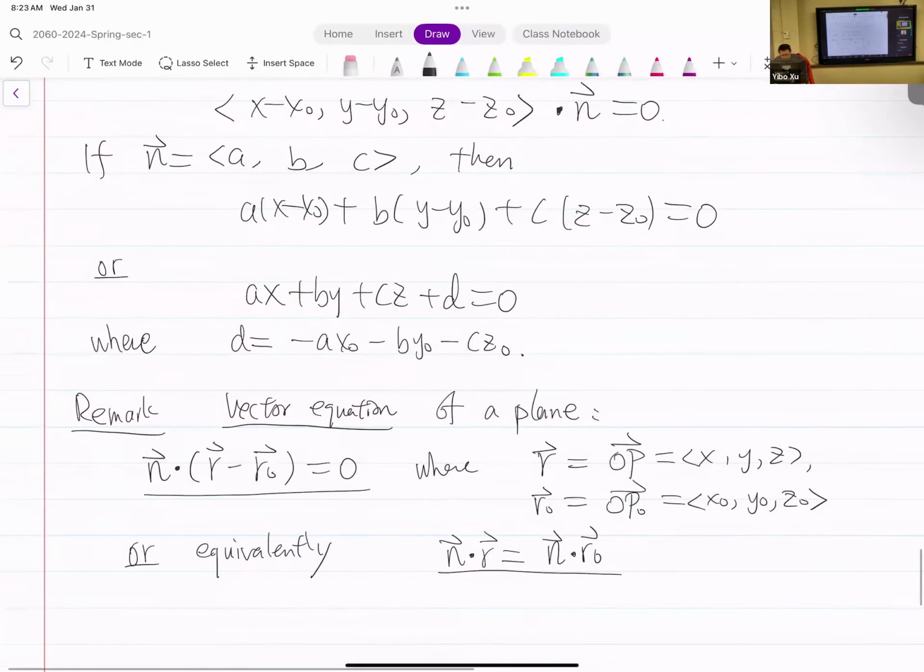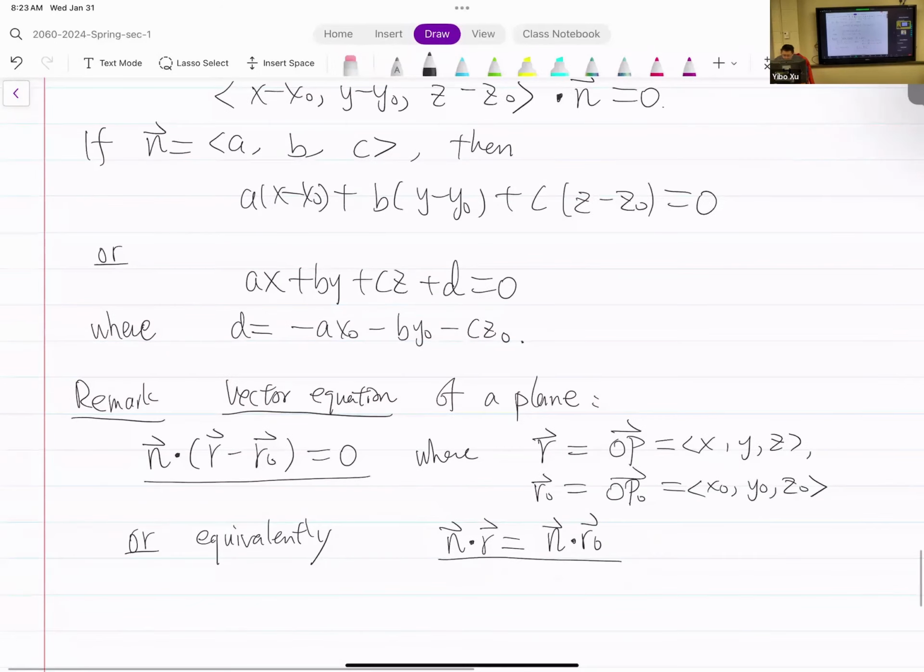So this is another form, and it may look interesting. If you think about it, this is just saying, whatever x, y, z vector, which is little r, n dot that vector equals this fixed constant. n dot r0 is definitely a constant when you have n and r0 specified.